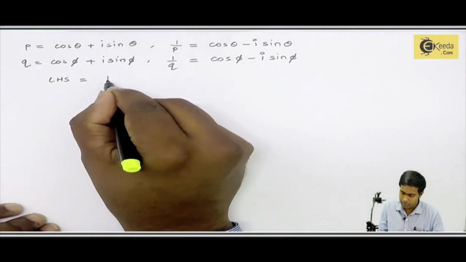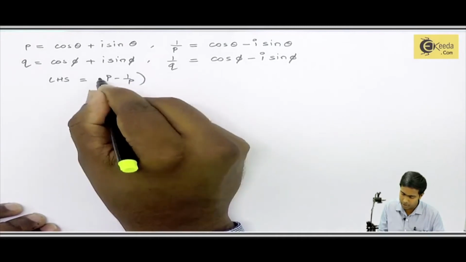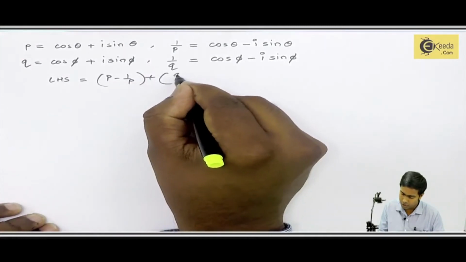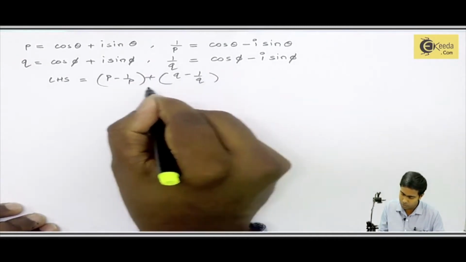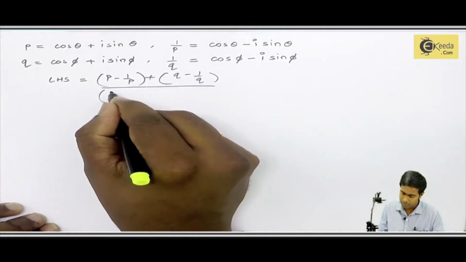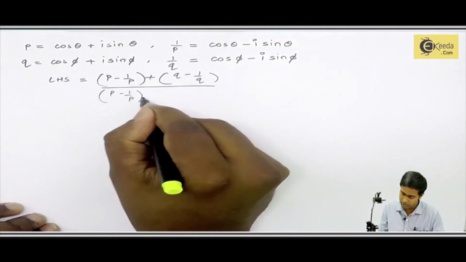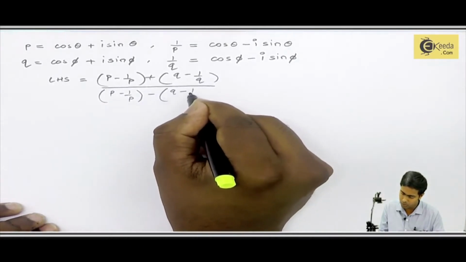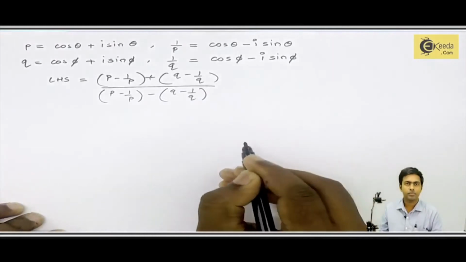So it is P minus 1 upon P plus Q minus 1 upon Q upon P minus 1 upon P minus Q minus 1 upon Q.